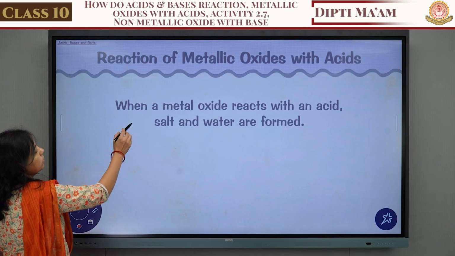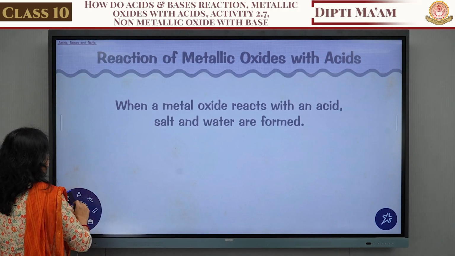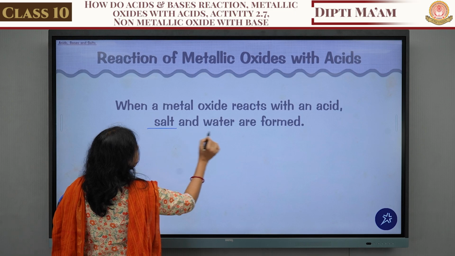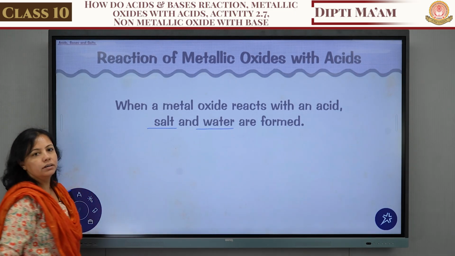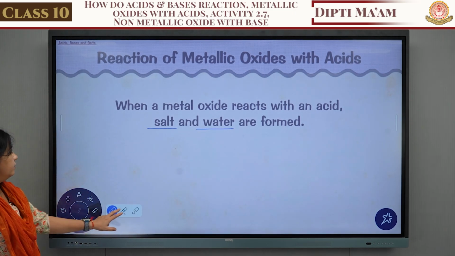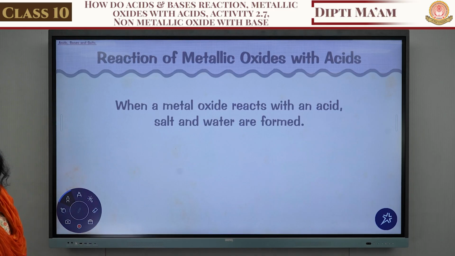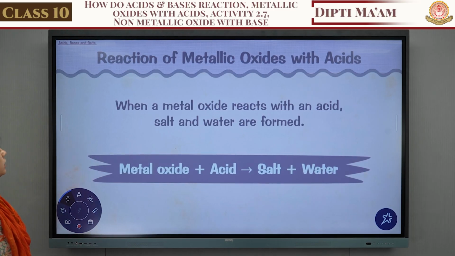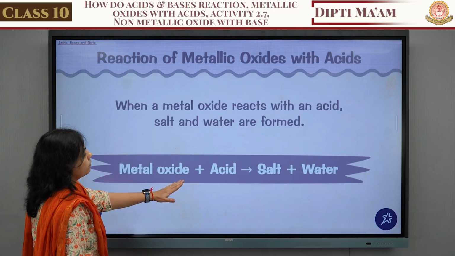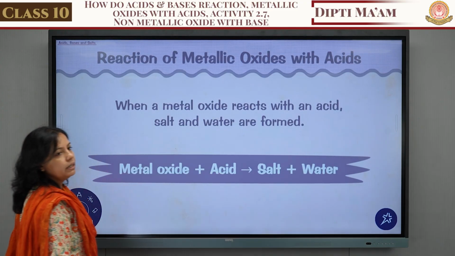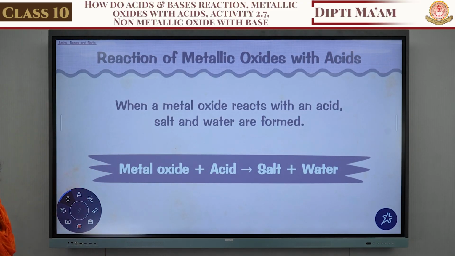So when the metal oxide reacts with the acid, what is the conclusion? It will form salt and water. So let's see the activity related to this. This is the general reaction: metal oxide reacts with the acid, then it forms salt and water.